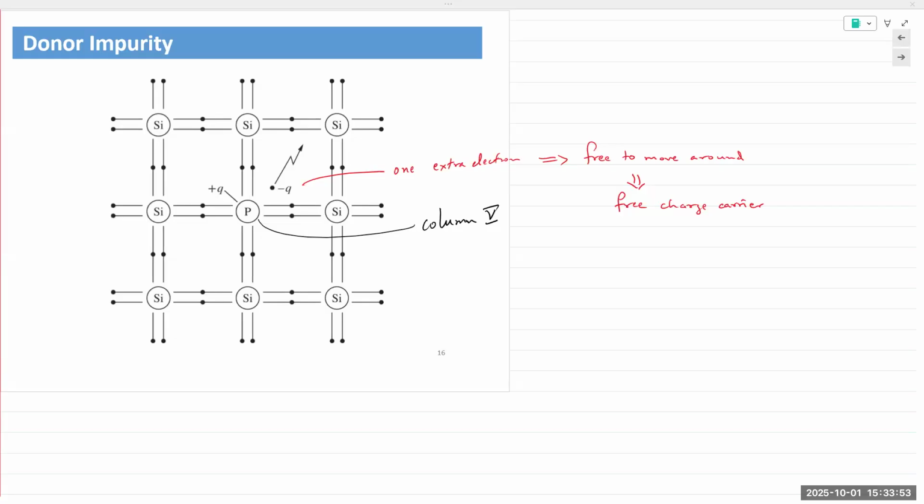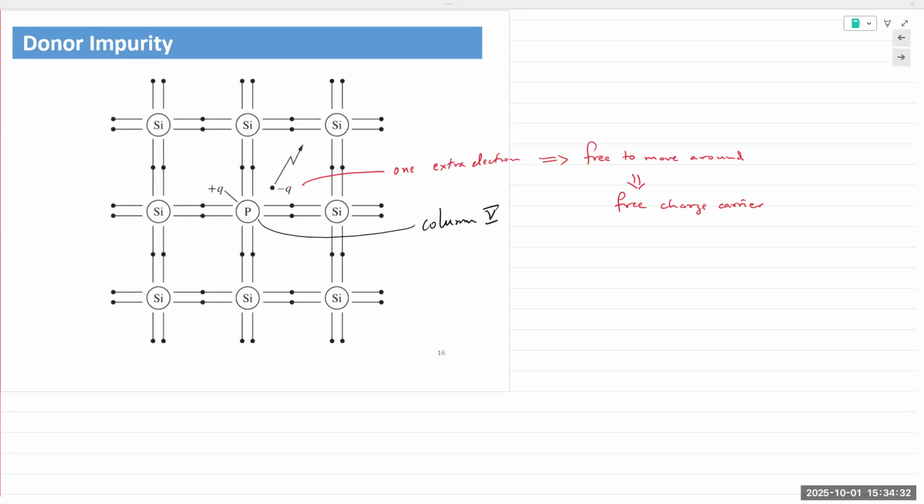So you implant that many atoms in a small space, you have that many electrons available for conduction. There are no extra holes that are created. The intrinsic carrier concentration is always equal. Number of electrons will always equal the number of holes as far as intrinsic generation is concerned. But when it's extrinsic, meaning you're introducing more atoms in there, now you're creating a large number of free charge carriers.